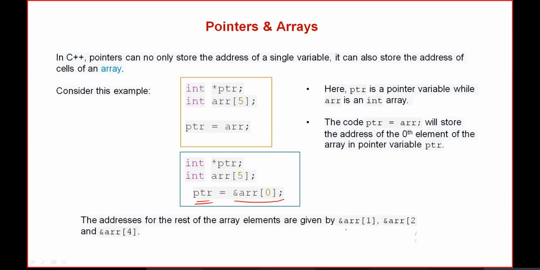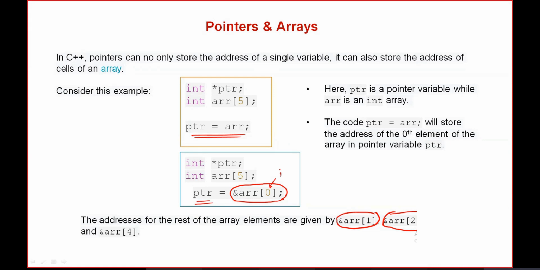Address of the 0th element we got in this way. Address of the first element we can get in this way. Address of the second element we can get in this way, so on and so forth. Any doubt?